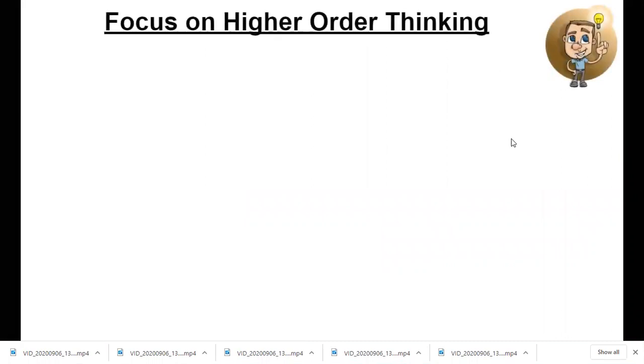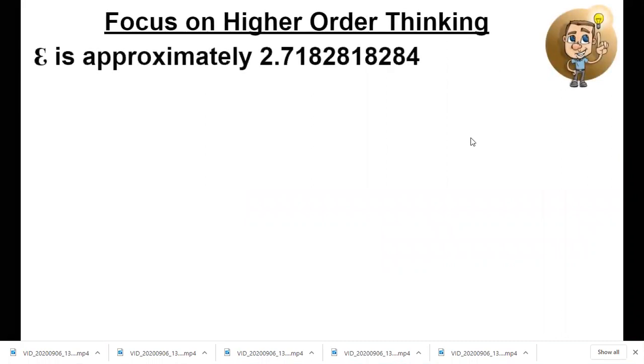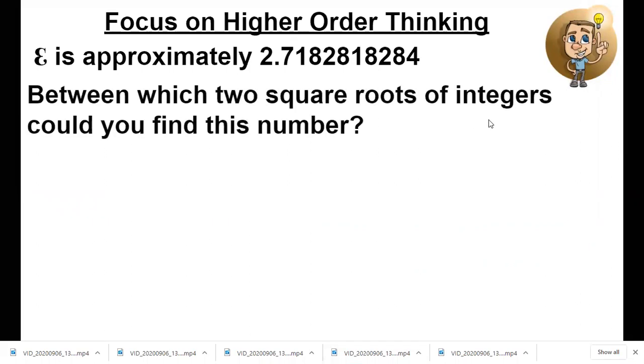Okay, let's do a little higher order thinking. So Euler's number e is approximately 2.7182818284. Never repeats, never ends. So between which two square roots of integers could you find this number?